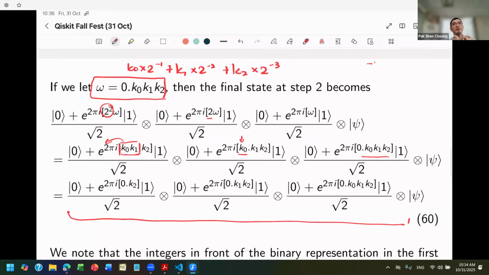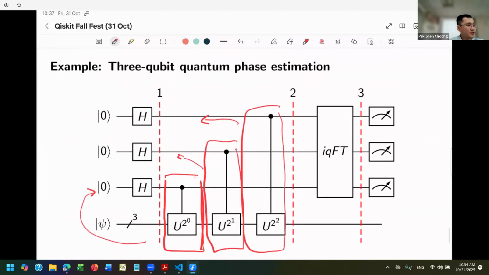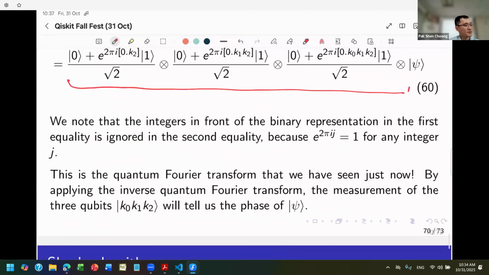So now what you can do is perform the inverse of Fourier transform, which is done here on your 3 qubits. And then you do the measurement, and through the statistics, you will get your phase. So roughly speaking, that's how phase estimation works.